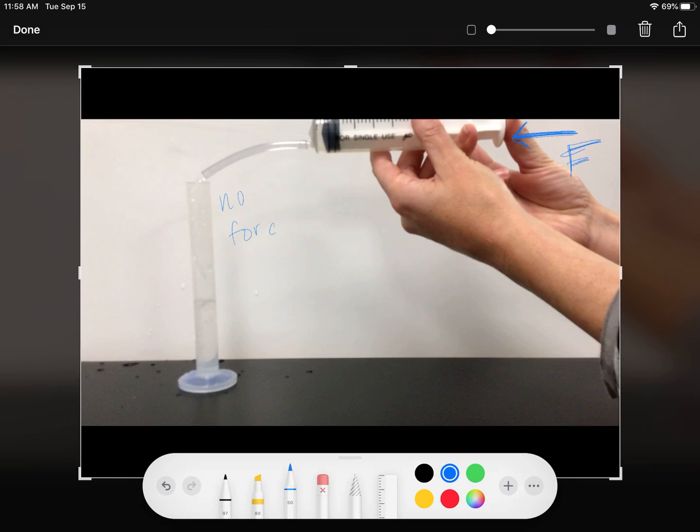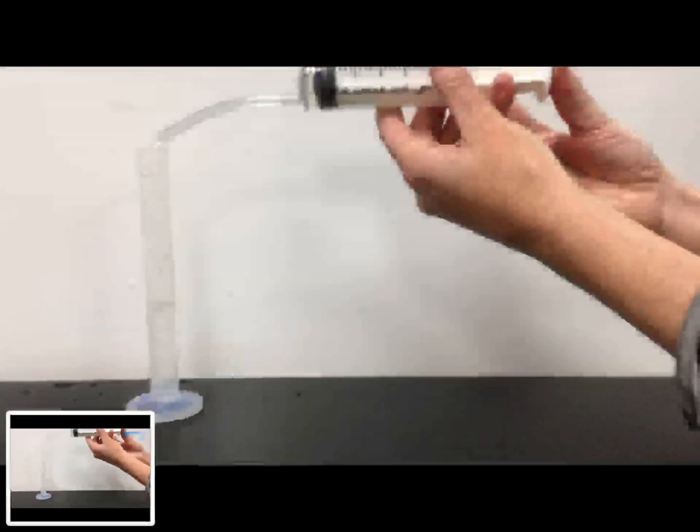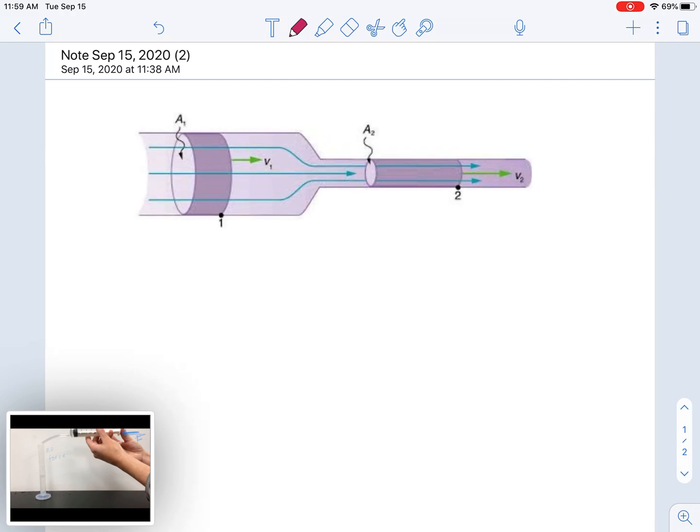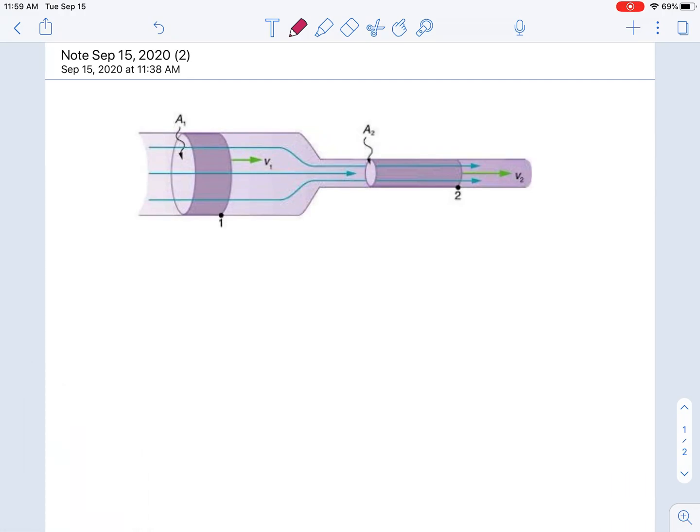There is atmospheric pressure, but again, there's no applied force like there is on the left side. So when I look at my diagram here, let's suppose that I've got my force here, and there's no external force on the right.